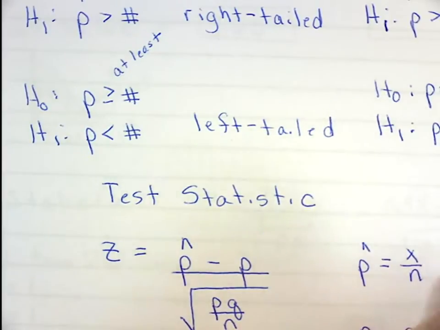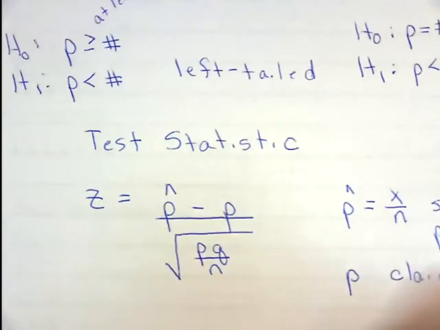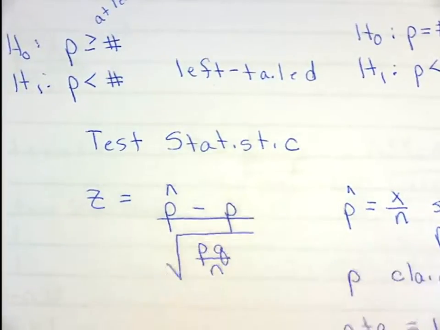P is going to be your claim, and to find Q, P plus Q is equal to 1.